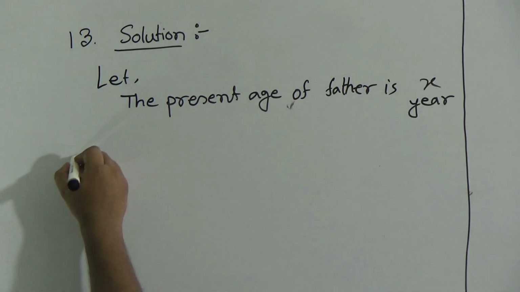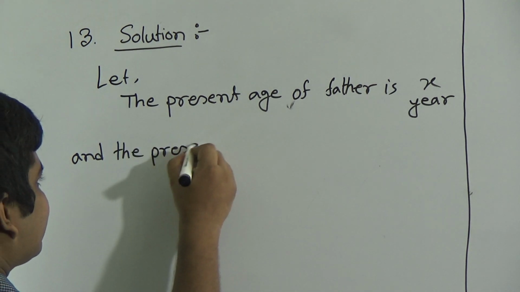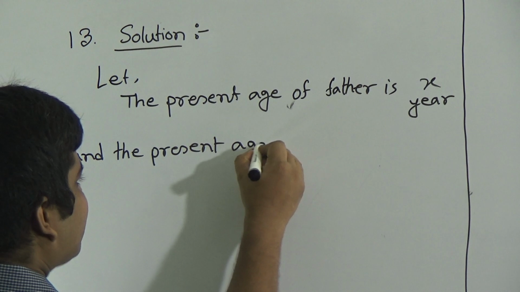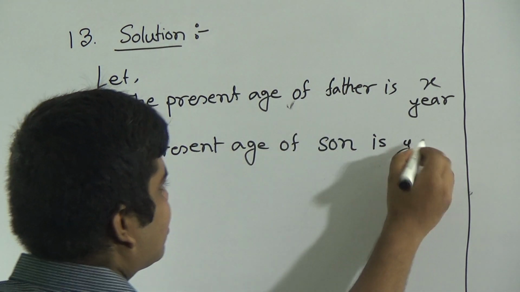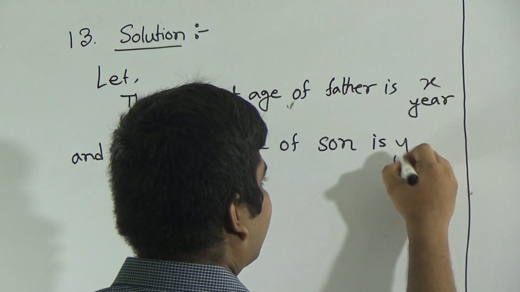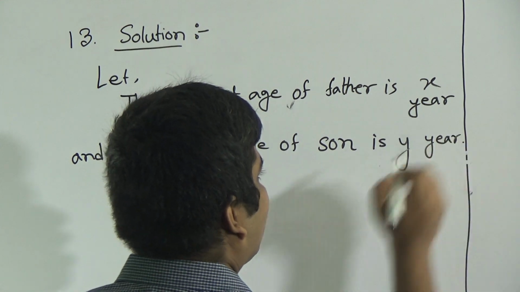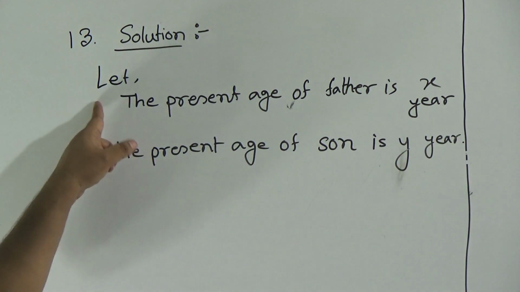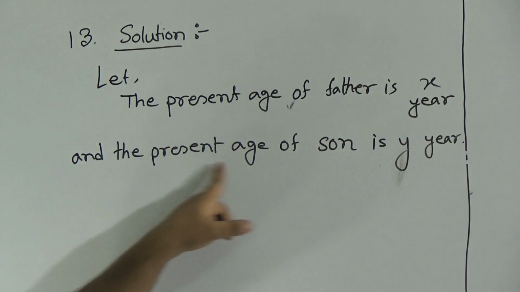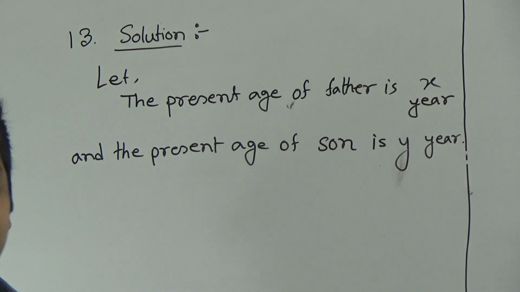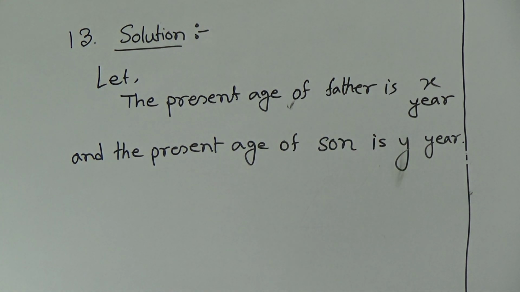And the present age of son is y year. I hope you have understood. Let the present age of father be x year and the present age of son be y year, because we don't know the value of x and y.